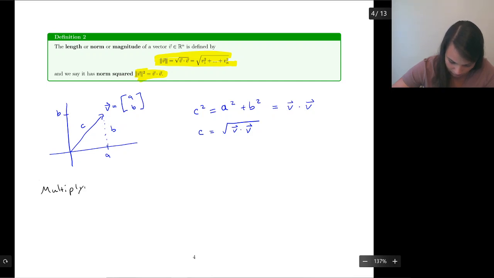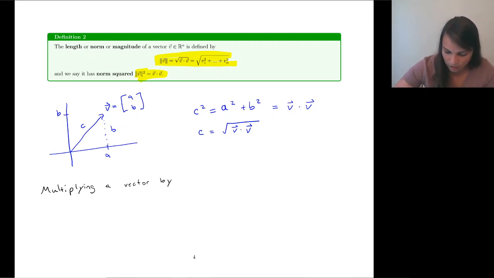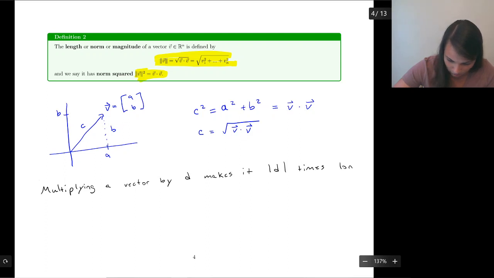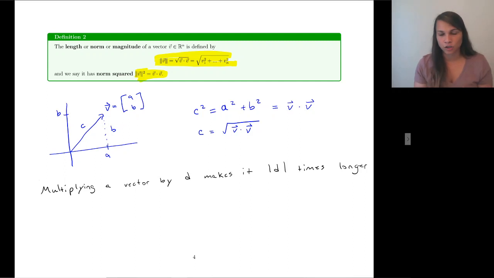Multiplying a vector by, I already used C, we're going to use D, by D makes it D times longer. So if I multiplied it by 2, your vector would get twice as long. That's what I'm trying to say.